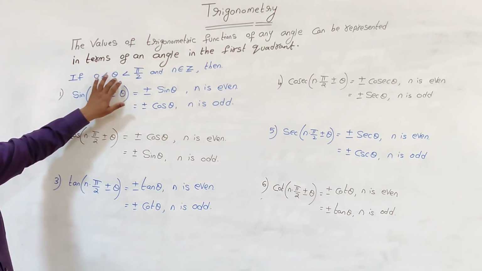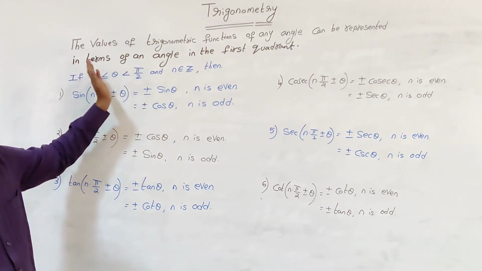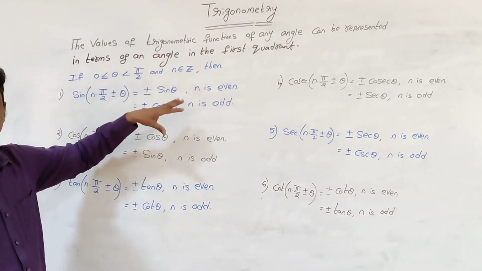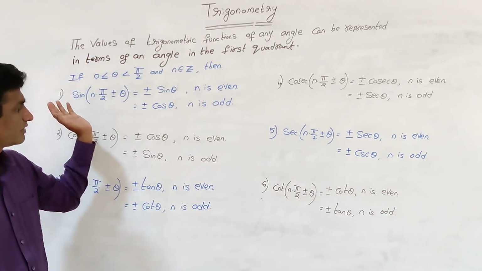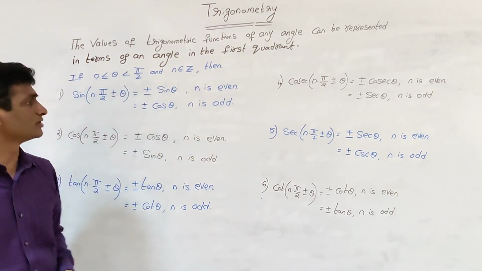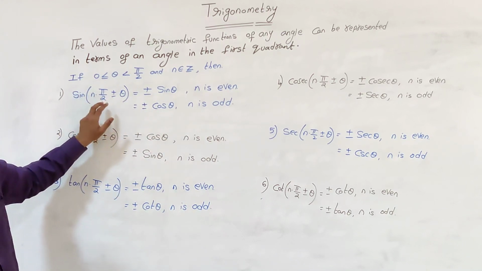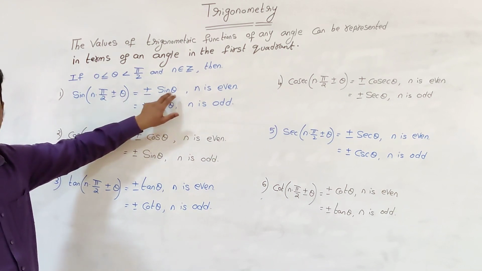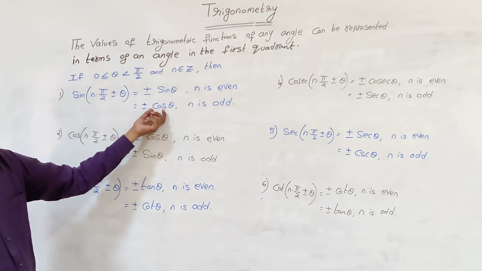Suppose theta lies between 0 to pi by 2, that is from 0 to 90 degrees, which is the first quadrant. We bring all the angles into the given angle in terms of the first quadrant. That is, sine of n times pi by 2 plus or minus theta will be plus or minus sin theta if n is even, and if n is odd, then it is plus or minus cos theta.